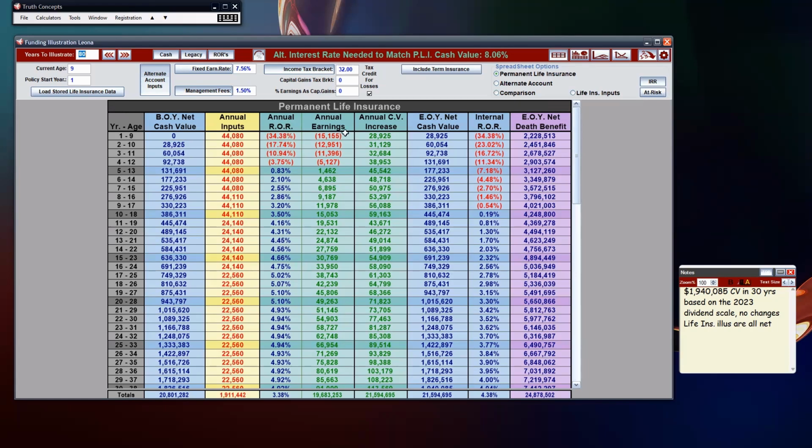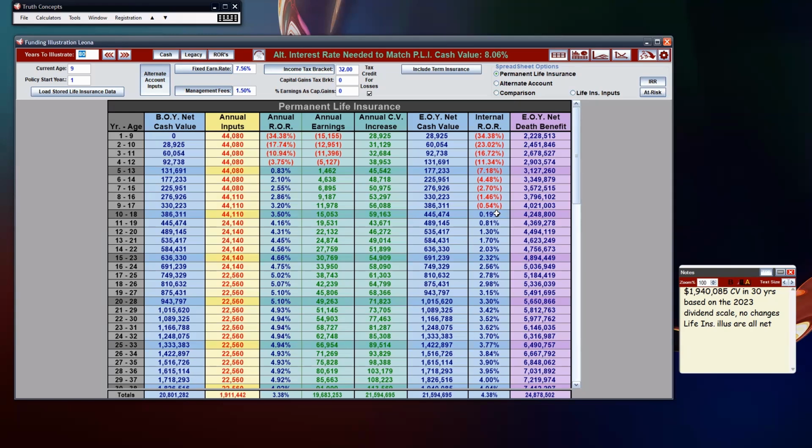The next year, the internal rate of return is actually less than what the annual rate of return is. Why? Because on an internal rate of return calculation, it is always carrying the good or the bad of all the previous years to give an actual rate of return over the whole time frame.